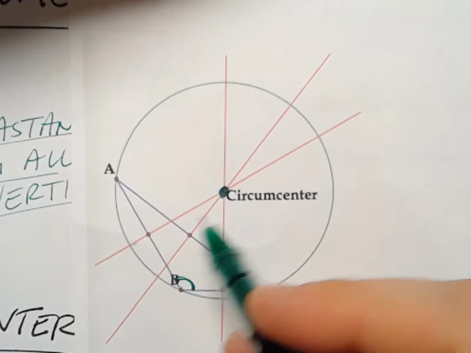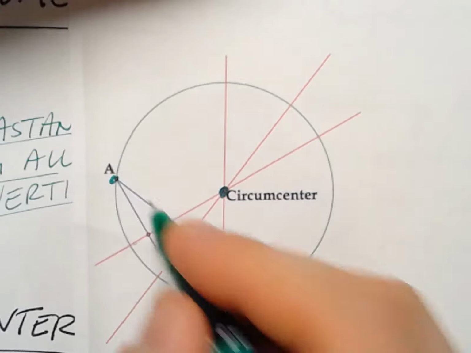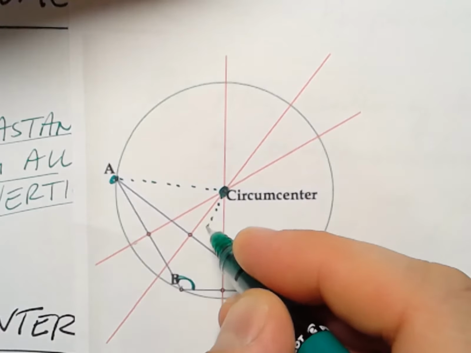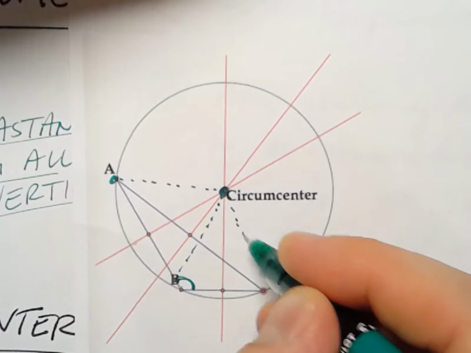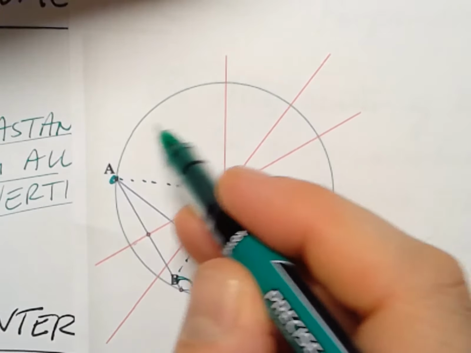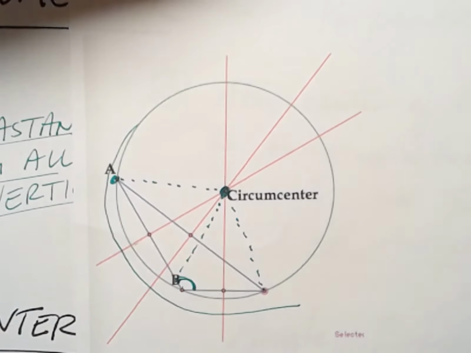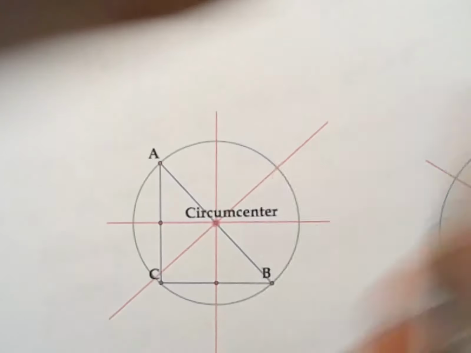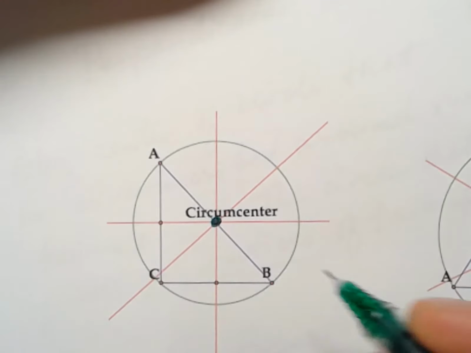And notice that since all three vertices are on this circle, then the circumcenter is indeed equidistant from all three of the vertices of the triangle, because it's all just on this circle that's going around, right? When it's a 90 degree, a right triangle, the circumcenter is right on the hypotenuse.